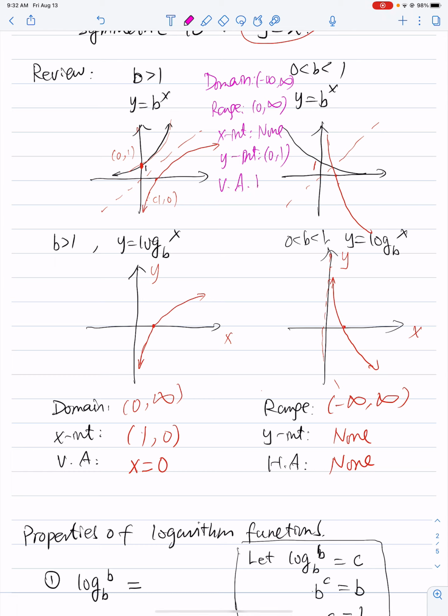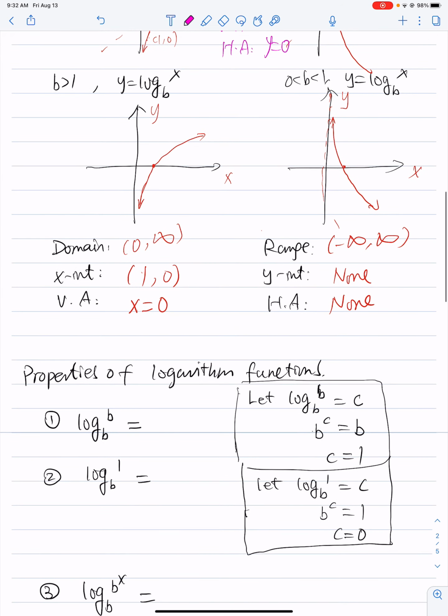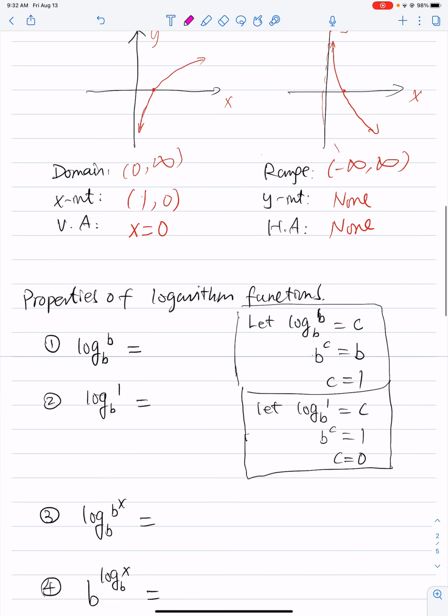Vertical asymptote, now horizontal asymptote, y equal to 0. So now look at these things. Just replace x and y, because domain is x, range is y. So if domain is x, range is y, you could change.